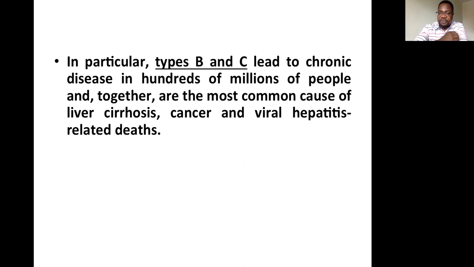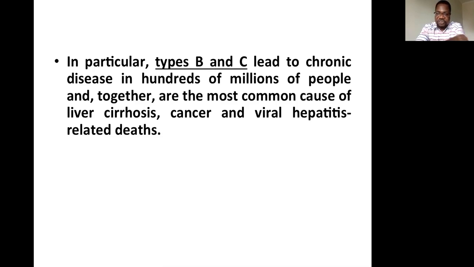What we can also remember is that viral hepatitis types B and C mainly lead to chronic disease. Chronic hepatitis as a result of viral infection is mainly caused by types B and C. The rest, like A and E, really don't cause chronic infections.